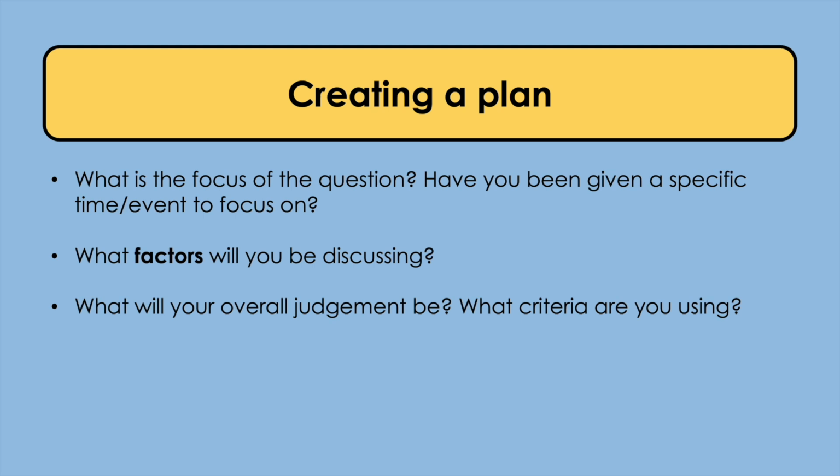Your next step is you want to be thinking about what factors are you going to discuss. Now, there are an absolute wealth of factors out there that you could discuss for this question, far more than you could tackle in the 45 minutes that you've got for this question. Okay? We understand and we know that you're not going to be able to mention everything, and you must maintain that in your mind, okay?